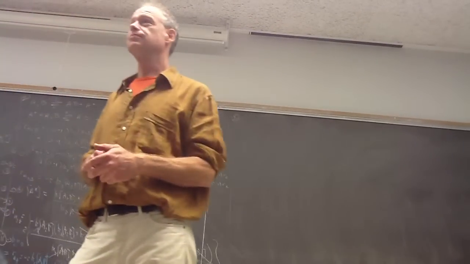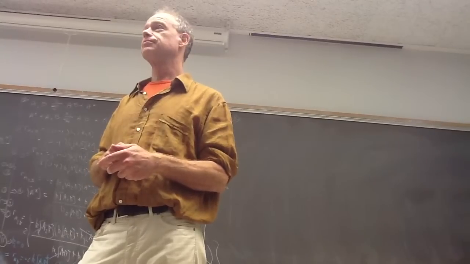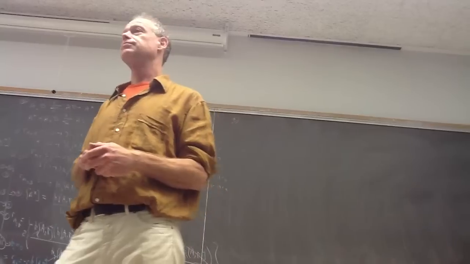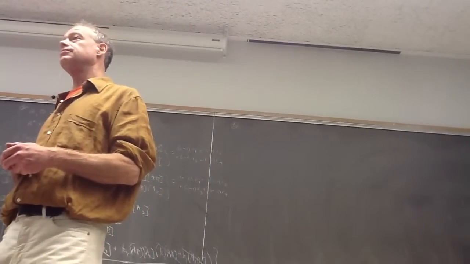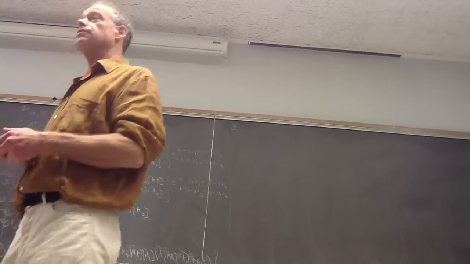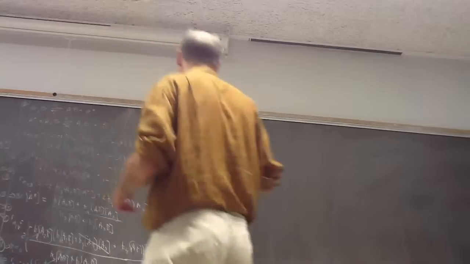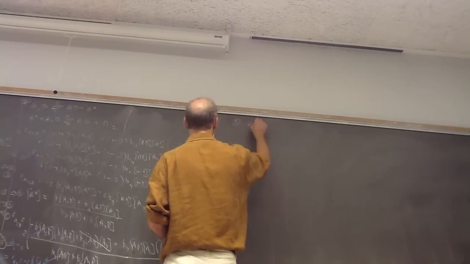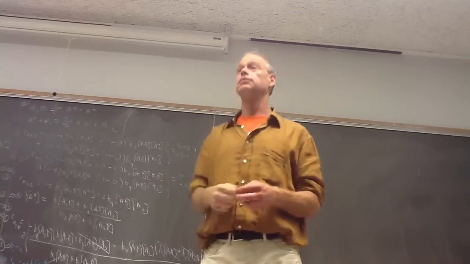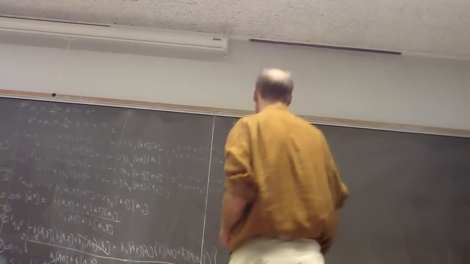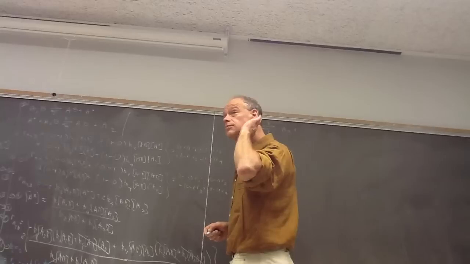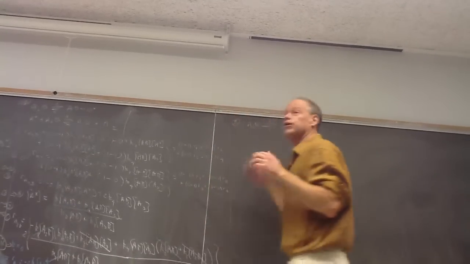Volunteer? Tell me how. A to B gives, what's the intermediate just from balancing the equation?